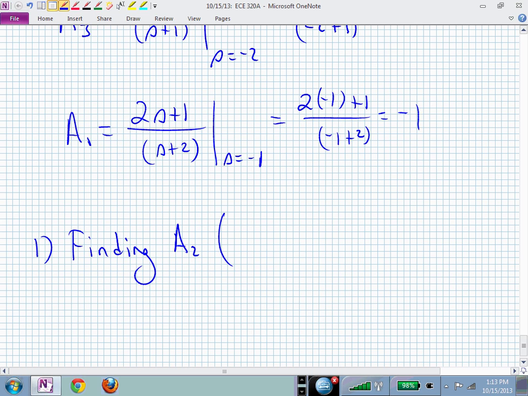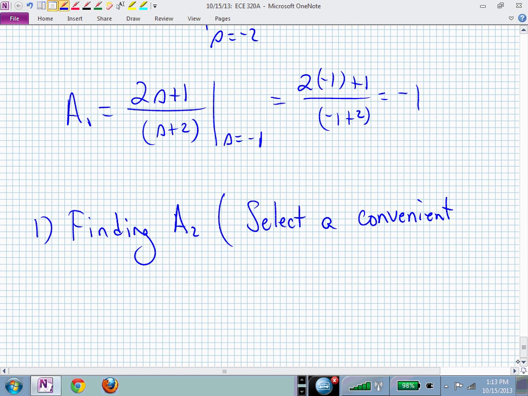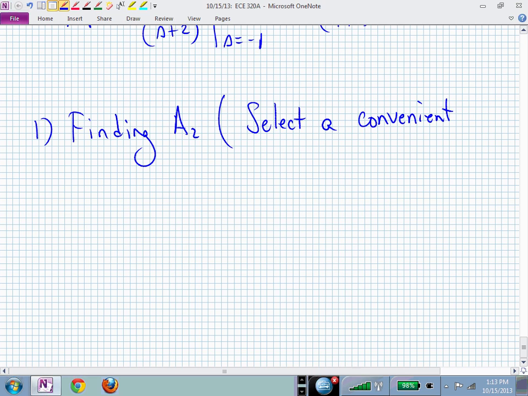That's the first approach. Select a convenient value, and that's really up to you, whatever you think is convenient, for s.